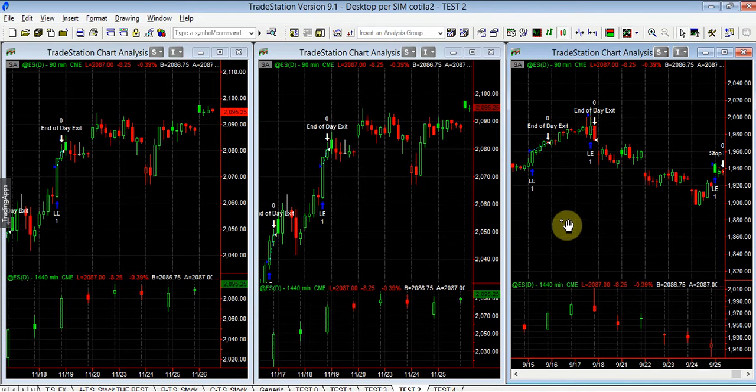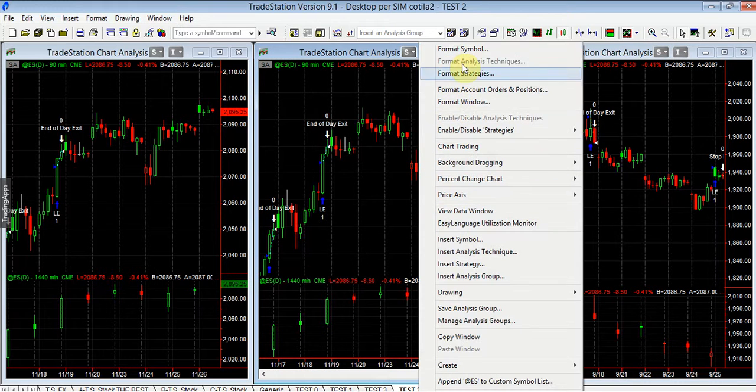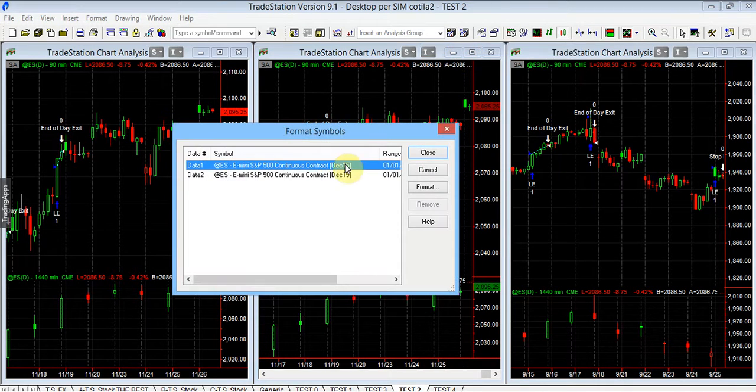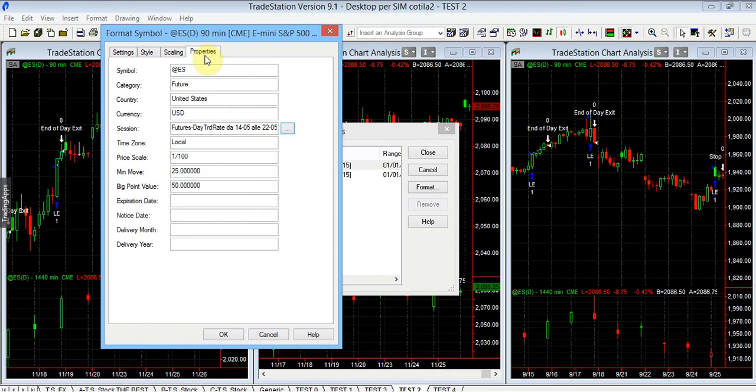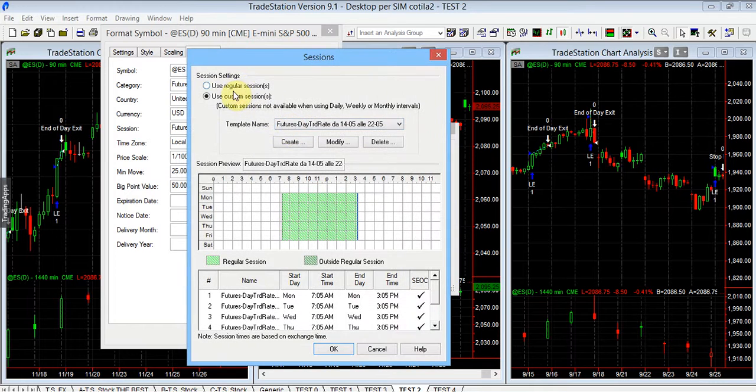Also, once again, I want to avoid the first 1 or 2 hours when the session is starting. To do that, you can work on a custom session, because by default TradeStation uses the regular session, but you can create a custom session as you want.